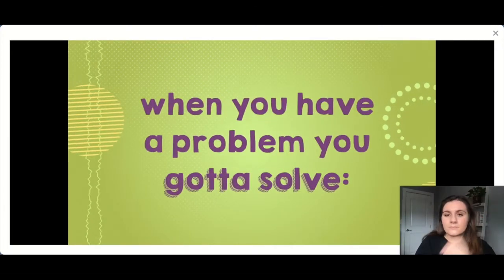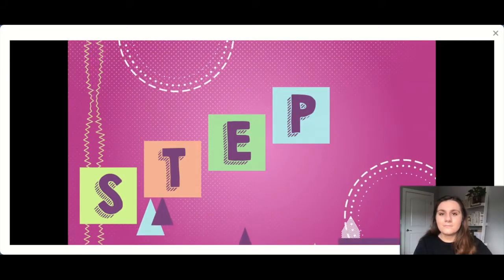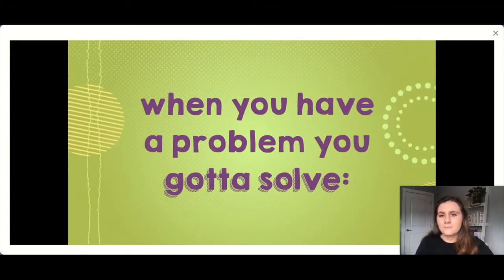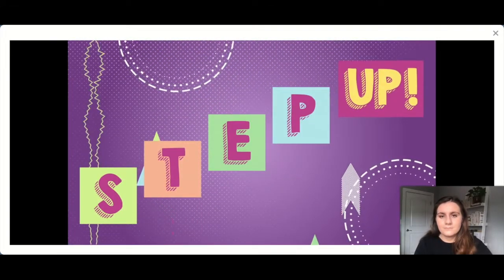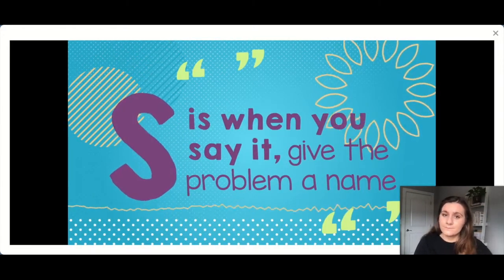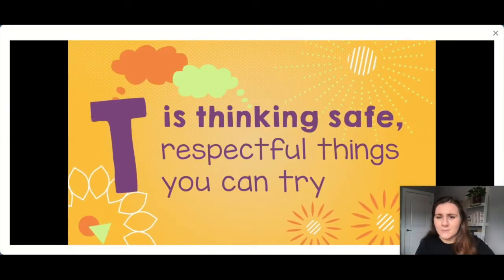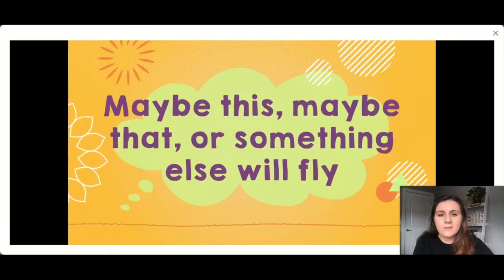Here's what you do when you have a problem you gotta solve. Step up. S is when you say, give the problem a name. Here's the problem, no one's to blame. T is thinking safe, respectful things you can try. Maybe this, maybe that, or something else will buy.